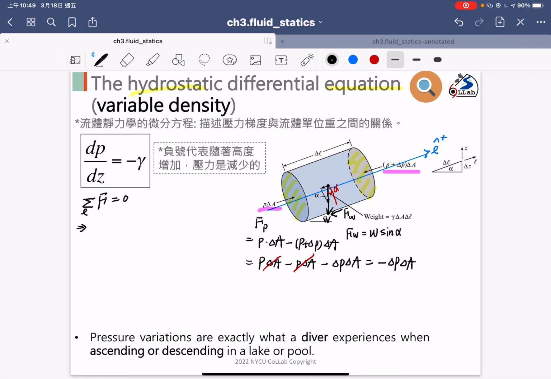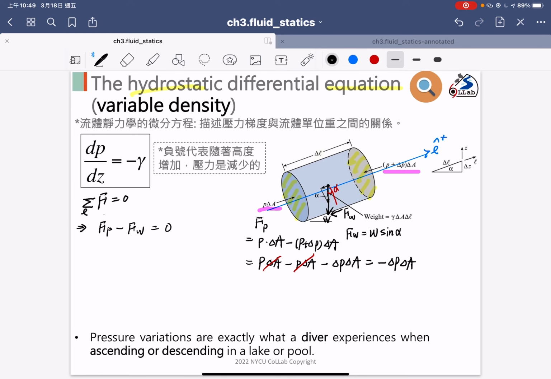we know that Fp minus W, maybe I use the minus Fw, is equal to 0, right?